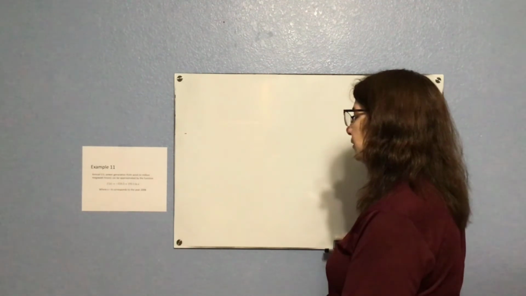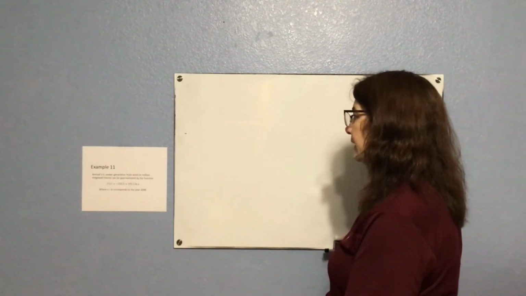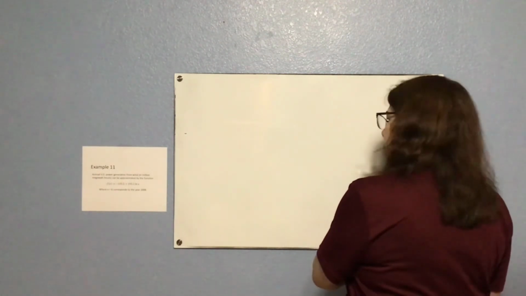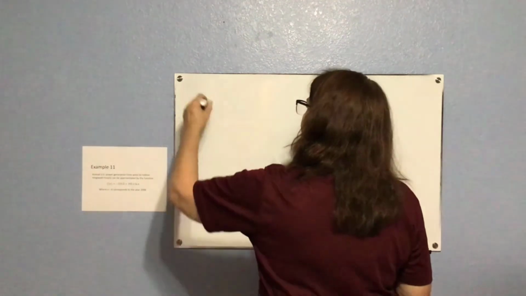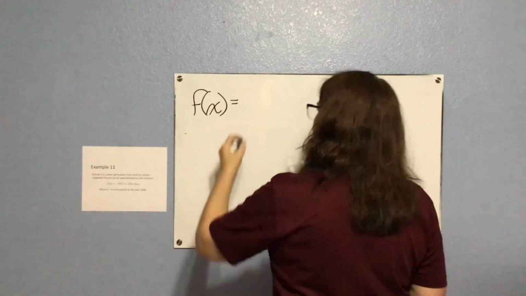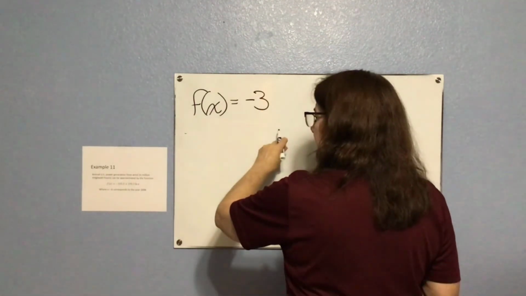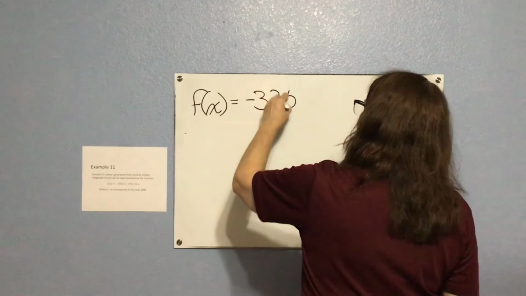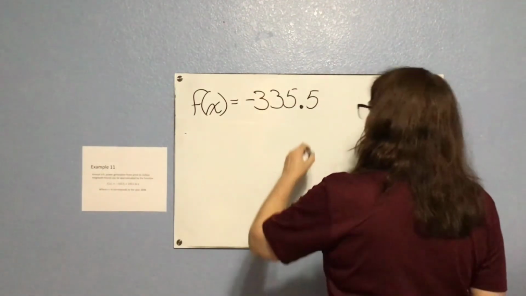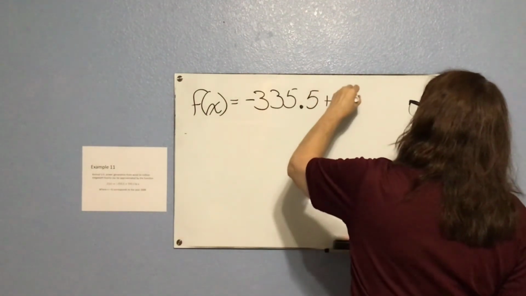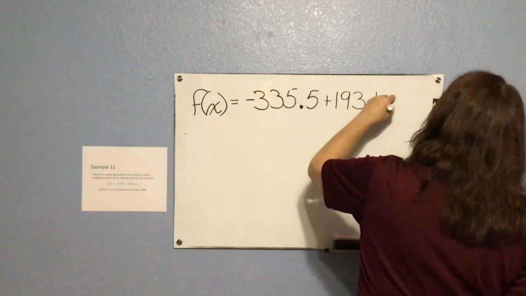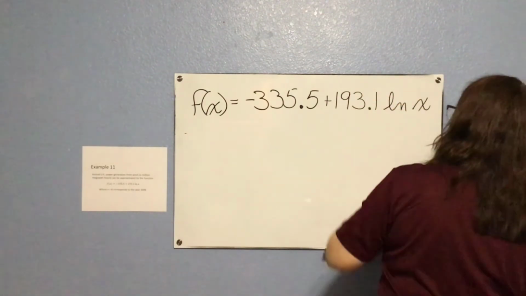Annual U.S. power generation from wind in million megawatt hours can be approximated by this function. f of x is equal to negative 335.5 plus 193.1 natural log of x.